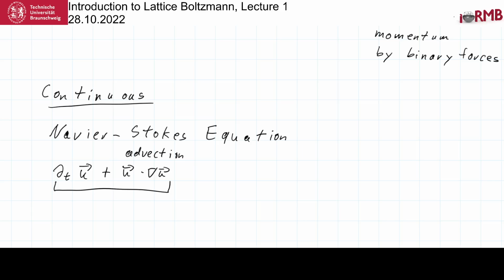Give me some interaction. No? The material derivative. You heard about the material derivative. Okay. So this is the material derivative. So it's the change in time in a frame of reference moving with the stuff.